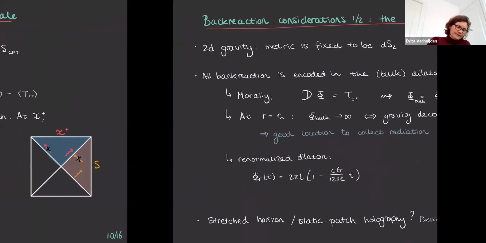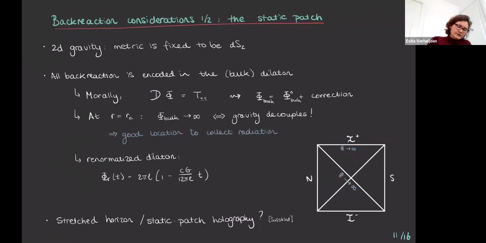And now we want to identify a similar region within the static patch. Okay, so as I said, in 2D gravity, the metric is fixed to be dS2 and all of the backreaction is encoded in the dilaton, the bulk dilaton. In the previous slide, I was discussing the renormalized boundary dilaton at future infinity. Now I'm looking at the dilaton in the bulk, and morally, a similar story holds.